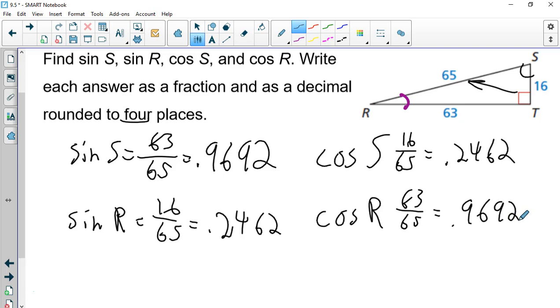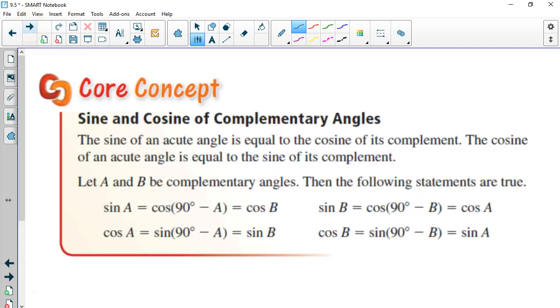So maybe you've already noticed something interesting, but the sine of S is the same as the cosine of R. And the sine of R is the same as the cosine of S. Because, I know how they say one man's trash is another man's treasure. Well, one man's opposite for R is another man's adjacent. Just depends on where you're looking from, perspective.